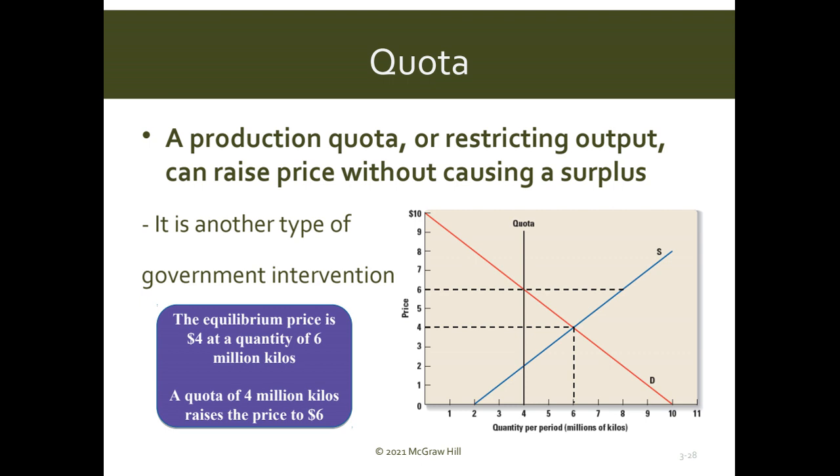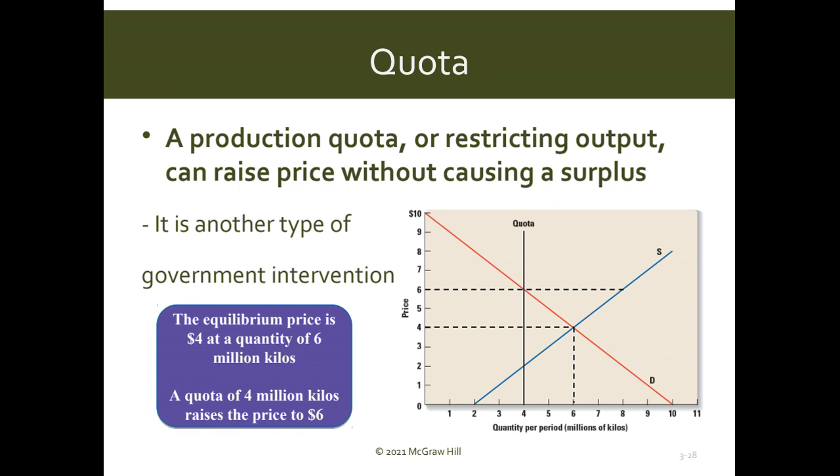Instead of fixing the price level as a price ceiling or a price floor, government might also restrict output as well. If you see the diagram on your screen, you will see the basic difference between quota and price floor. In price floor, government fixes the price level above the equilibrium price in order to support farmers in one example or workers in another example.